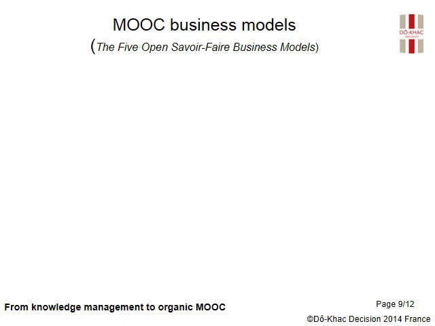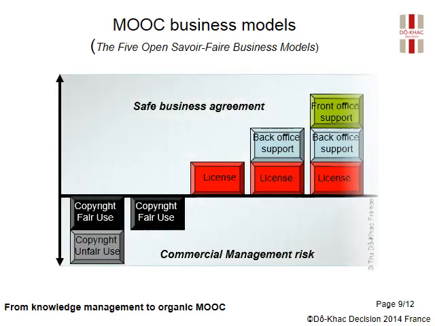Here is a design thinking model I have designed. It is called the 5 Open Savoir-Faire business models. It shows 5 business models to create business value from a MOOC. You can rent a MOOC, you can build services on a MOOC, you can market a brand with your MOOC.